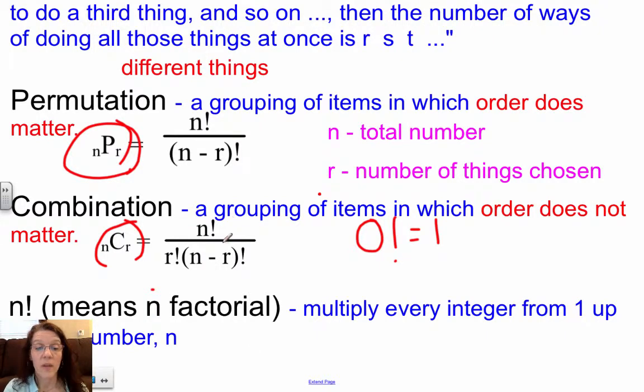So for example, if we had 5 factorial, that would be 1 times 2 times 3 times 4 times 5. Which if we multiply that out, 1 times 2 is 2, times 3 is 6, times 4 is 24, times 5 is 120. Okay, pause that if you didn't get all of those.